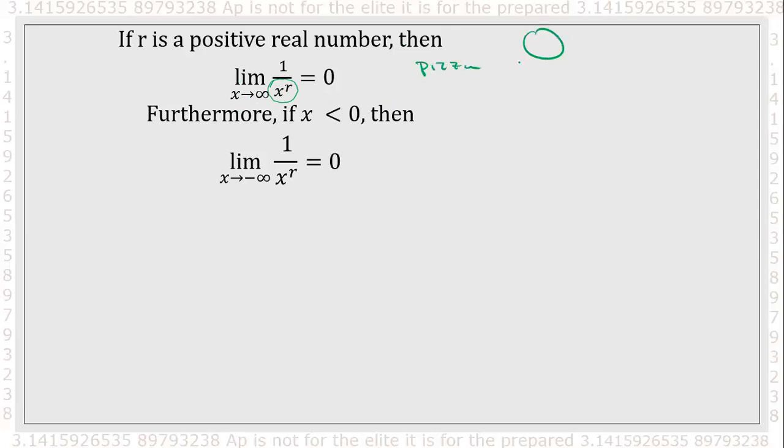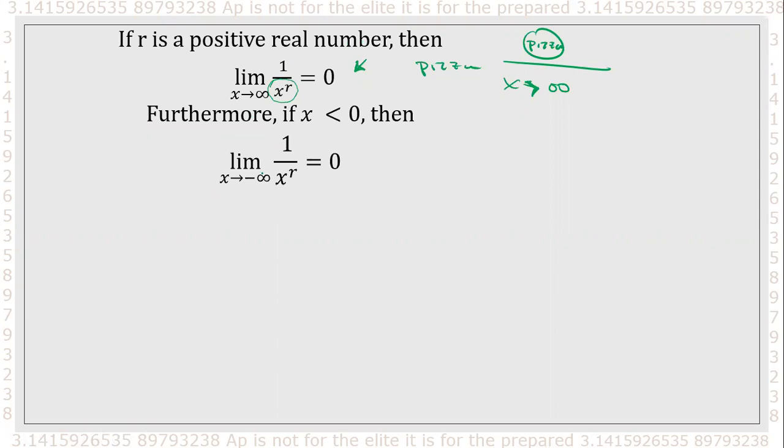If I have one pizza divided by all the people in the world, what's going to happen to my pizza as x approaches infinity? Eventually my pizza will become 0, right? So that makes sense.